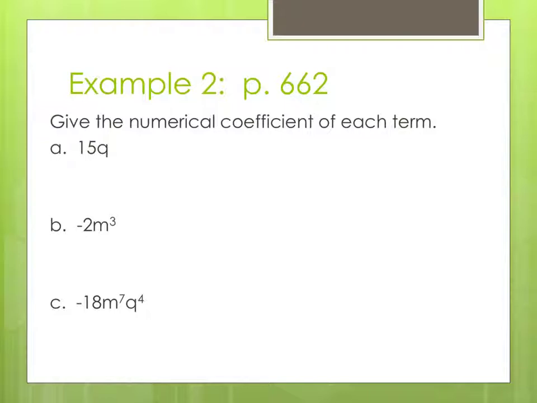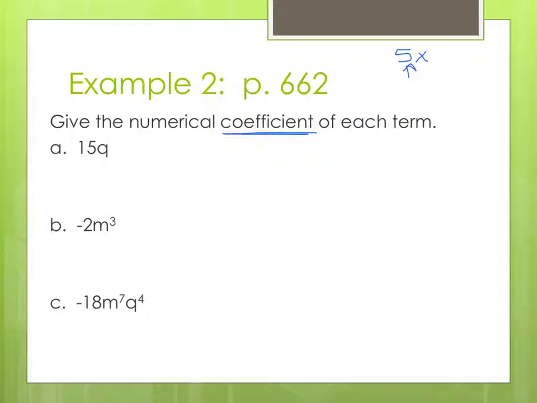Okay, example 2 is asking us to give the numerical coefficient of each term. The word coefficient means a number multiplied to a variable. Well, when we write multiplication between numbers and variables, we just write it in front. So, for example, 5x is 5 times x. So the number multiplied to the variable is the 5. So you can look at it as the number in front of a variable.